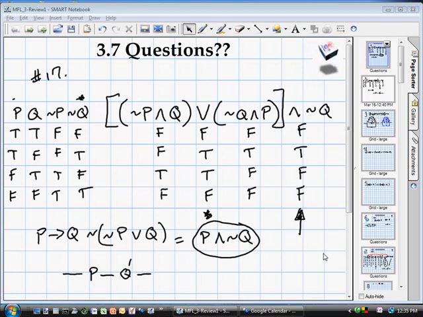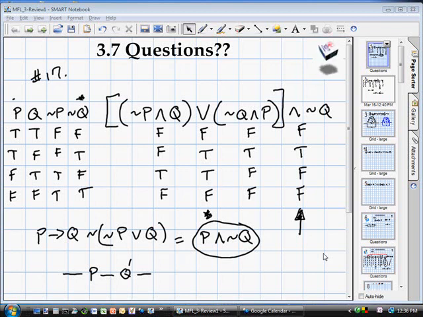So, not both true, false, not both true, false. Here they're both true, true, not both true, false. Okay? Not Q and P. So these two. Again, same rule, only true when both are true. So that's going to be a false. That's a true. That's a false. That's a false.